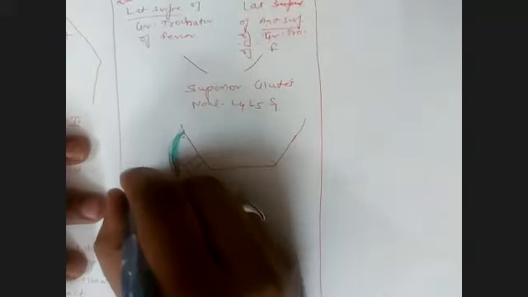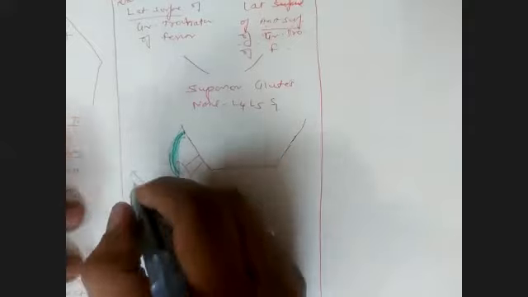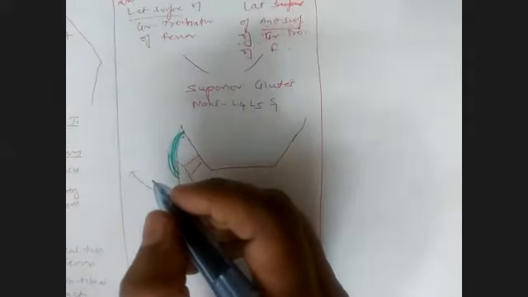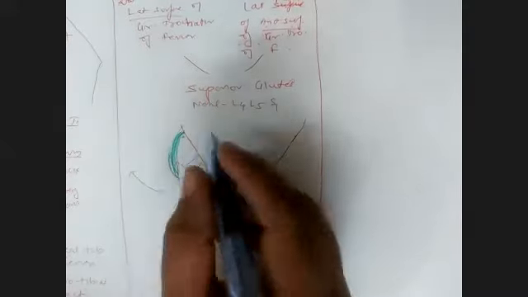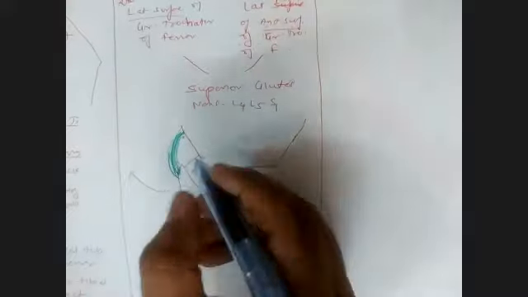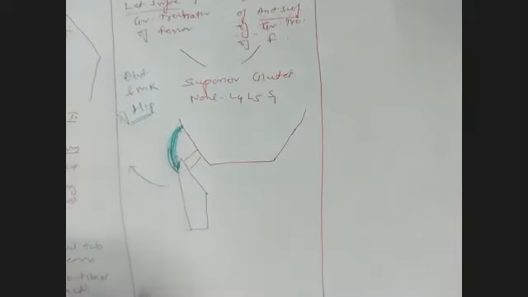One action is that if this leg is stable, they will cause abduction of the hip. They are powerful abductors, and because they are also inserted on the anterior surface, they will also cause medial rotation. So together they cause abduction and medial rotation of the hip joint.